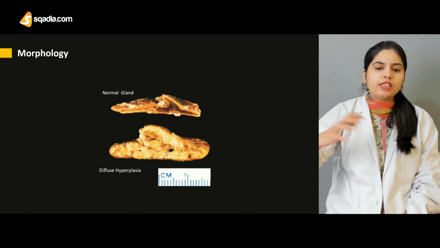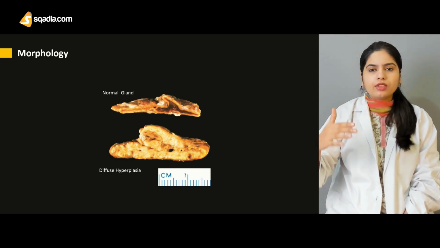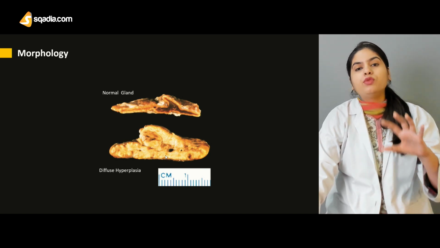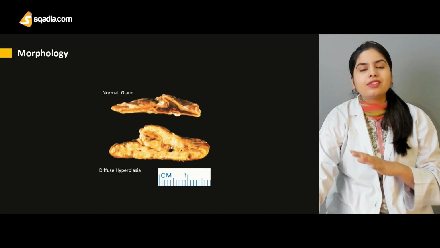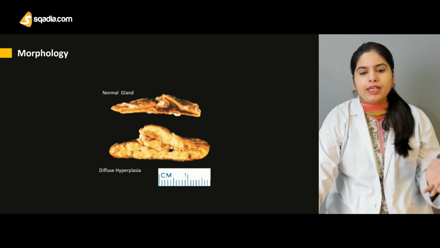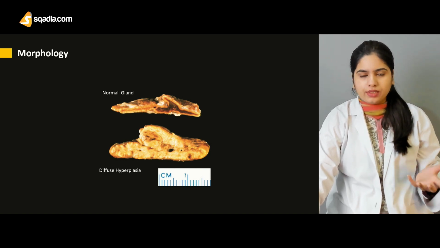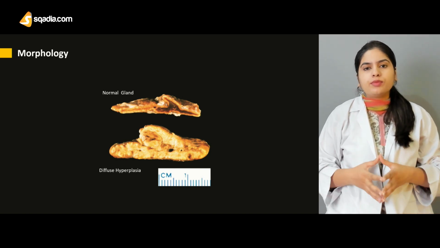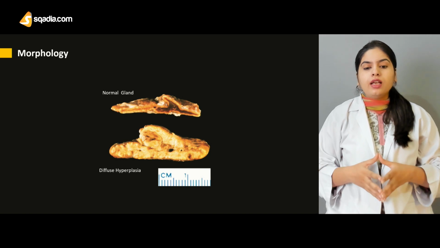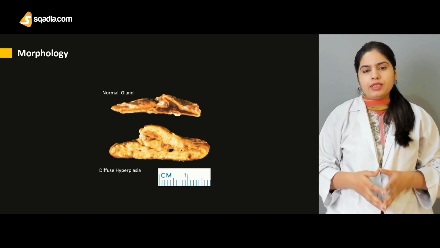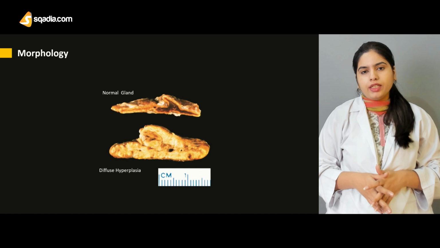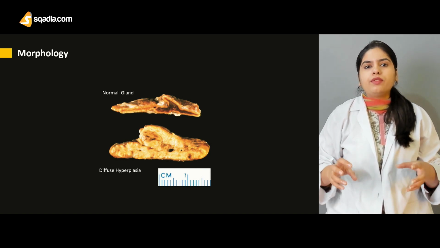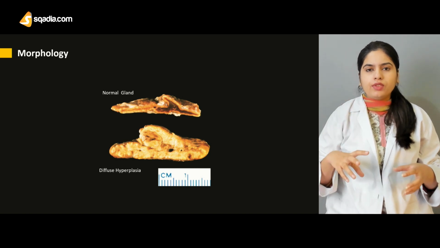Hyperplasia means that the size of the adrenal gland is increased because of the overburdening. However, in simple diffuse hyperplasia, the surface is still normal and plain, and there is no nodule present. When there is hypercortisolism due to some iatrogenic cause, diffuse hyperplasia can be seen, but if there is no tumor, you will not observe any nodule on the surface of the adrenal gland.